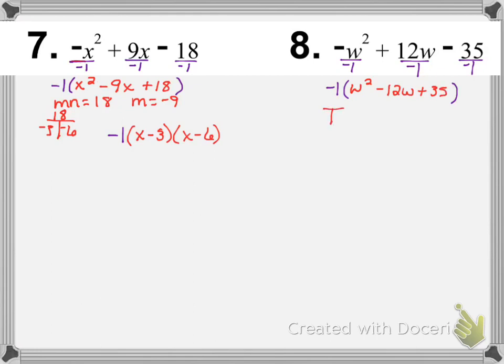Magic numbers multiplied equals 35, added equals -12. So since it's multiplied to a positive number, either both of them are positive or both of them are negative. 5 and 7 are the magic numbers, both of them are negative. So now we have -1 times the quantity of w minus 5, w minus 7.